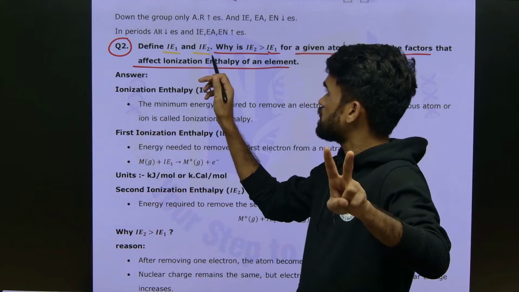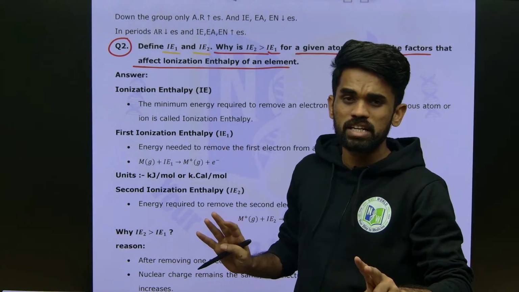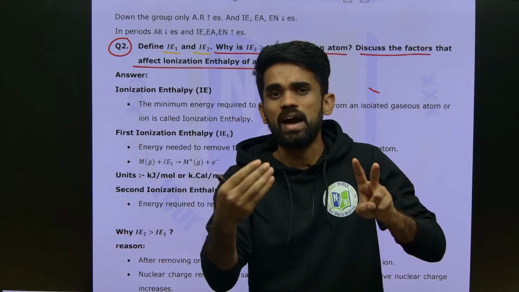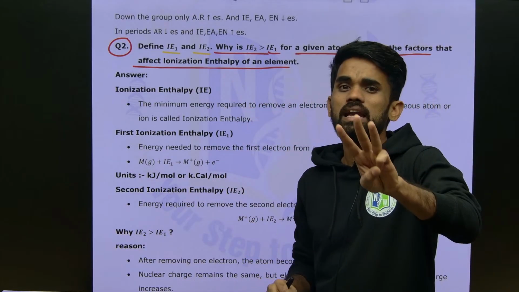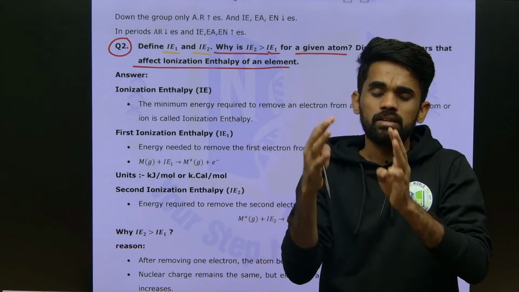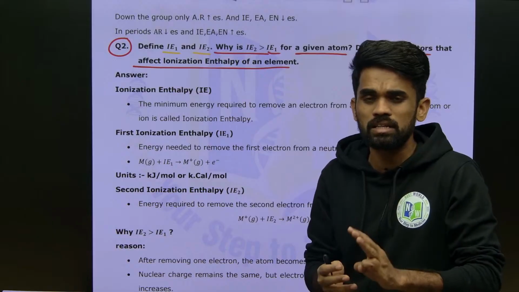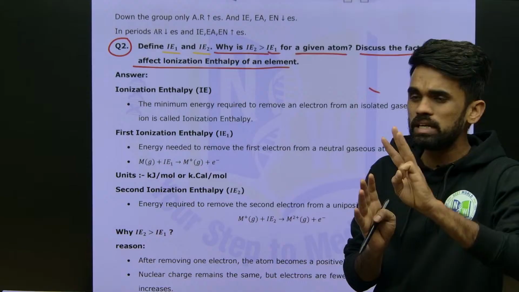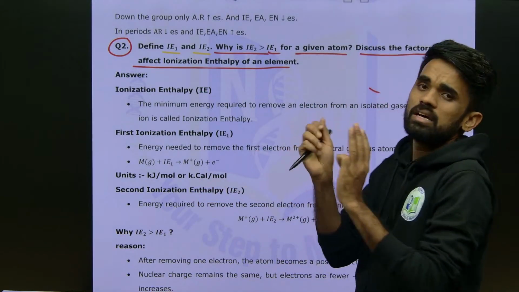The second question is: define IE1, IE2, first ionization energy, second ionization energy, why the second ionization energy is greater than the first, and the factors affecting it. The third one is to describe the s, p, d, f blocks and their electronic configuration. Only these 3 questions you need to focus on from this second chapter.